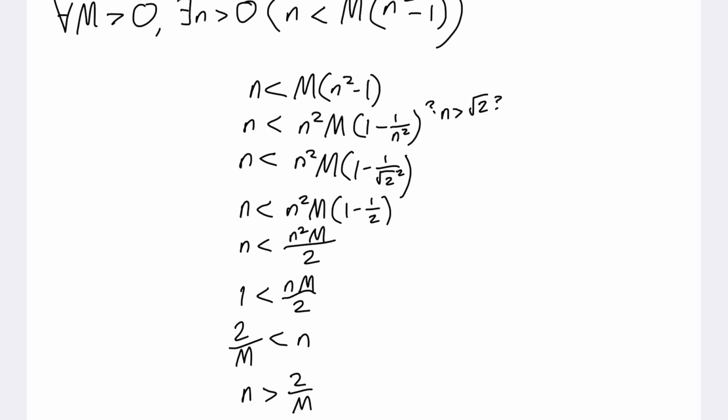We have that n needs to be greater than a specific value, root 2, and that it has to be greater than an expression that has a variable in it. That screws up our whole idea of ordering. We don't know whether 2 over m is greater than root 2 or not. So how do we manage this?